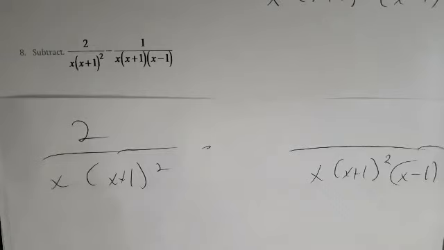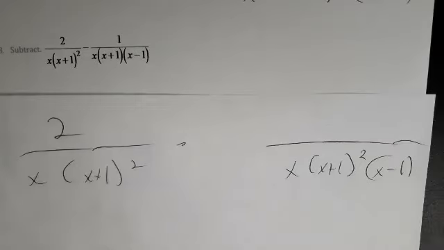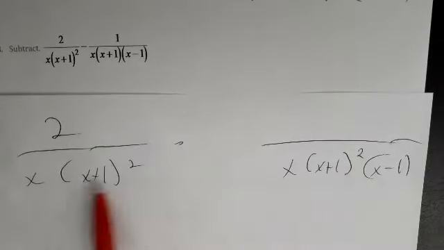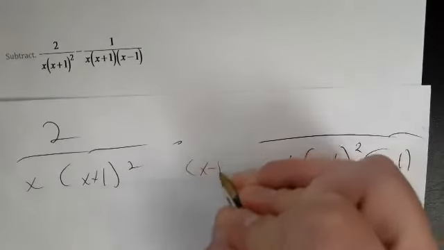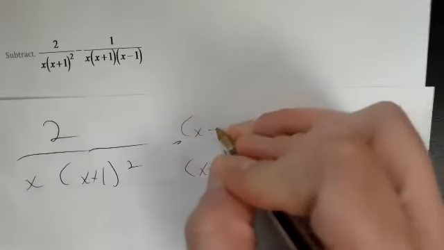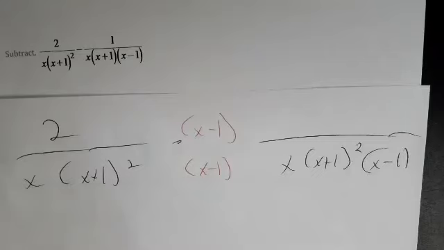Okay. So now I'm looking along here. What do I need to multiply by the top and bottom? I have my x. I have my x plus 1 squared. What is this thing missing? It's missing the x minus 1. So I do it on bottom. I also have to do it on top.